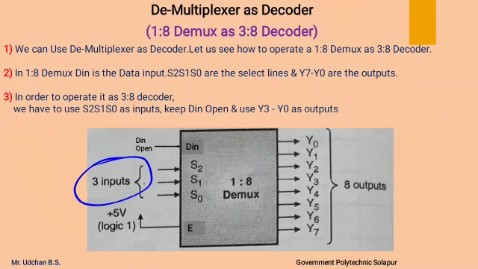We again keep the data input line open, not using it for any purpose. The 8 outputs of the demultiplexer are used as the 8 output lines of the decoder, and the enable terminal is connected to +5 volt or logic 1, by which the decoder can be enabled. So this is how we can use a 1:8 demux as a 3 to 8 line decoder.